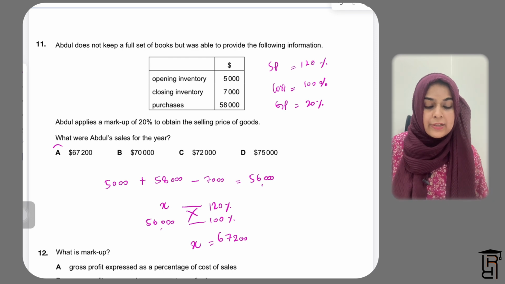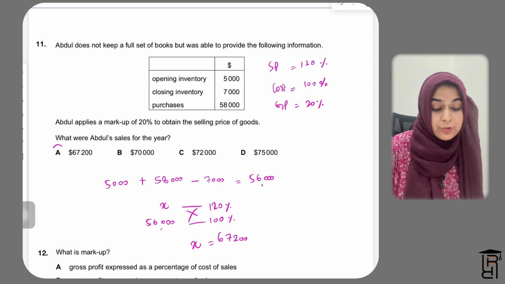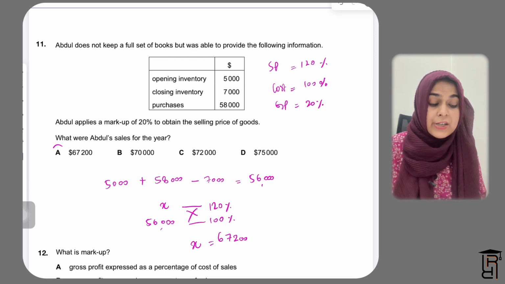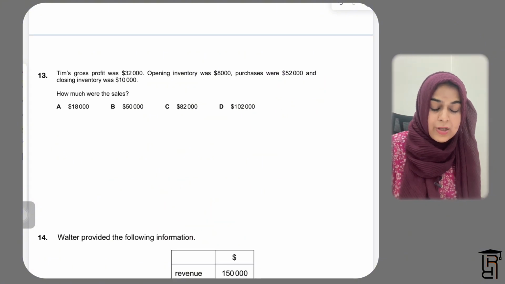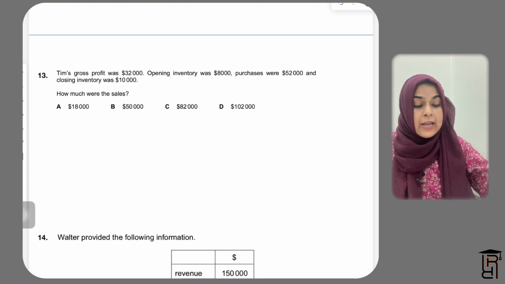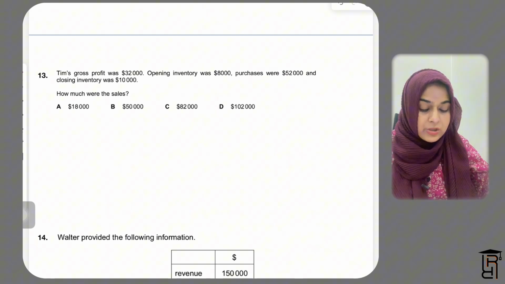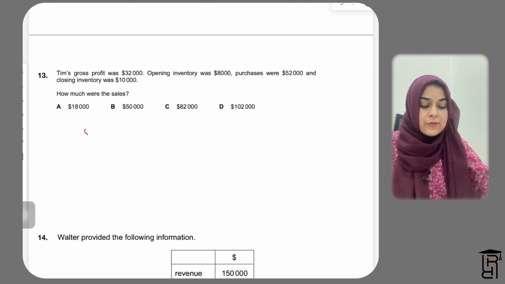The next question says Tim's gross profit was 32,000, opening inventory was 8,000, purchases were 52,000, and closing inventory was 10,000. How much were the sales? We can find out cost of sales. Opening inventory 8,000 plus purchases 52,000 is 60,000 in total. Then minus closing inventory of 10,000 gives cost of sales of 50,000.